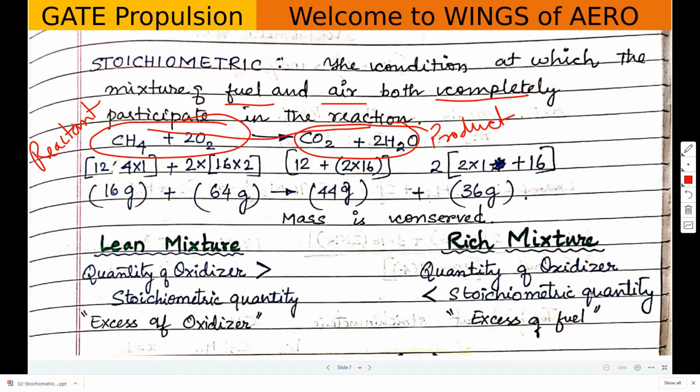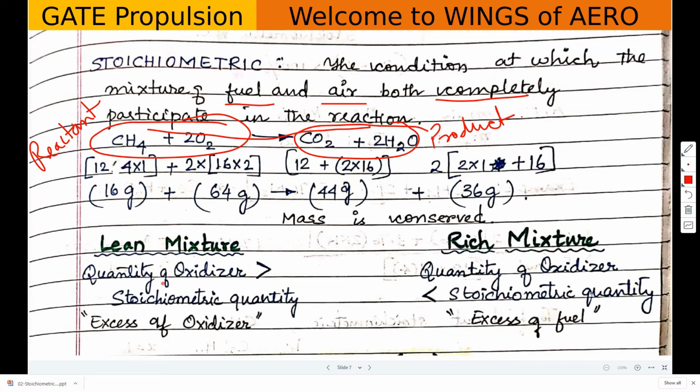Now it can also be categorized by what kind of mixture it is, whether a lean mixture or a rich mixture. You have to remember this terminology very well. What is meant by lean mixture and rich mixture? Lean mixture means the quantity of oxidizer is greater than the stoichiometric quantity.